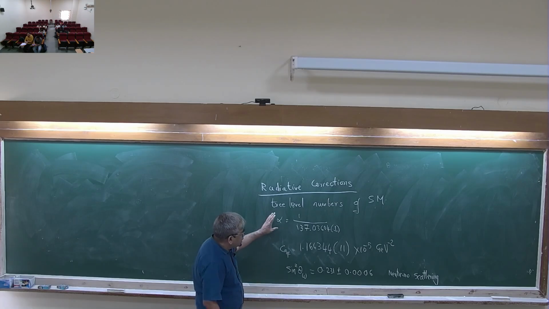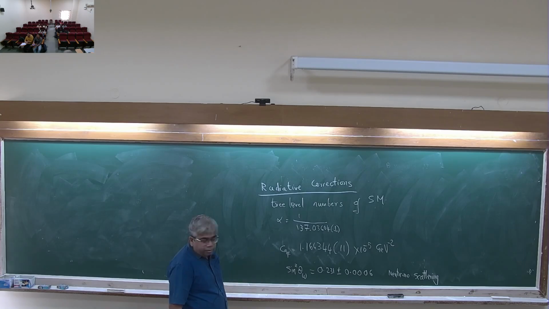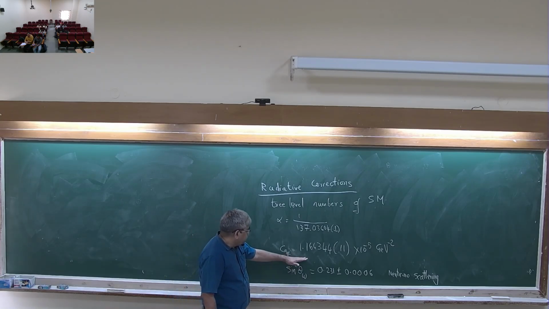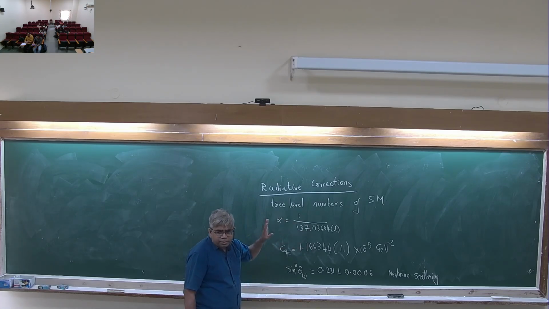So I take the alpha but measured at atomic scale, MeV scale essentially. I am not saying that there is a running alpha or something; we don't care about the scale here. I am saying these are all tree level numbers: the GF from nuclear physics experiments and the sin square theta W.